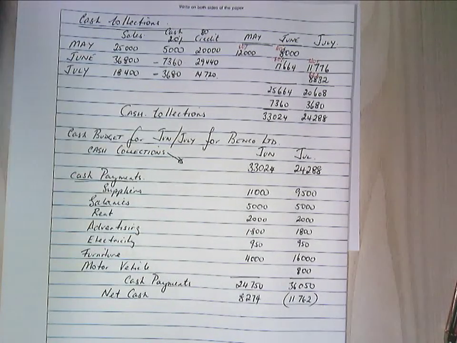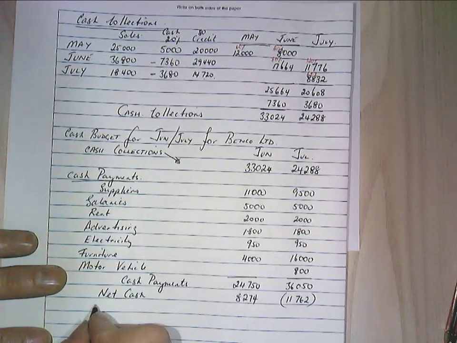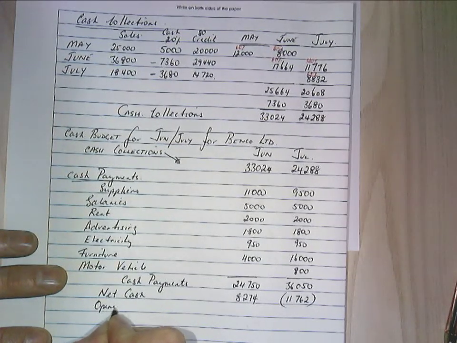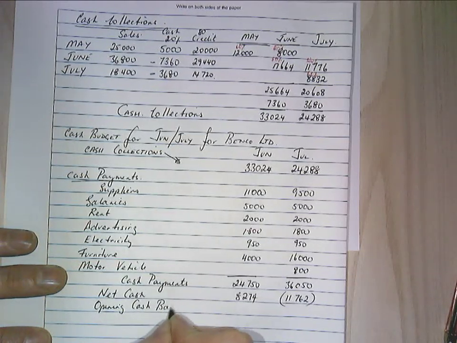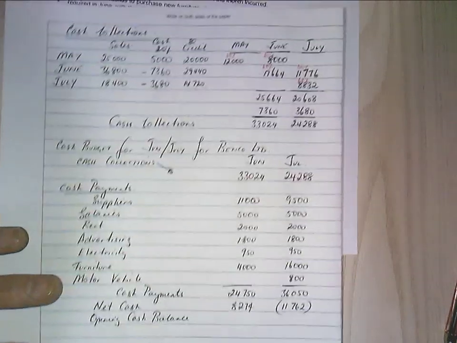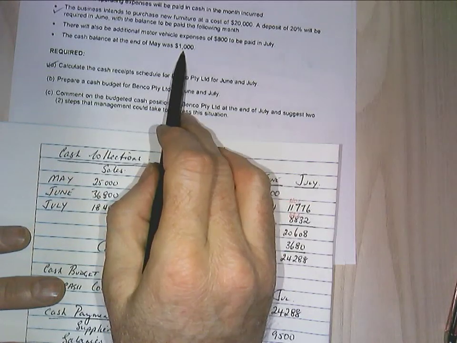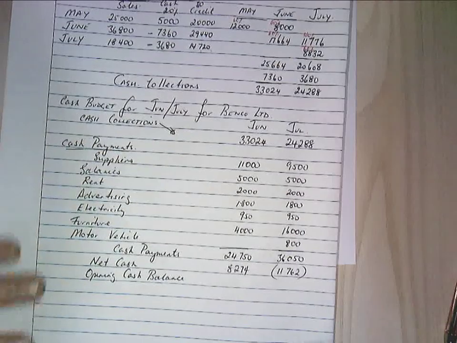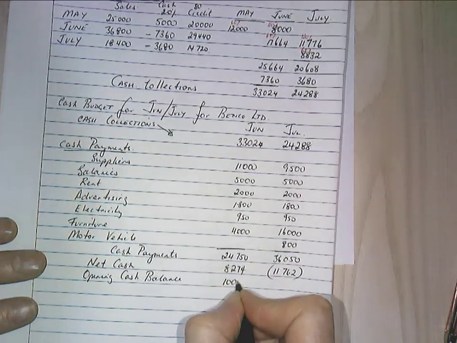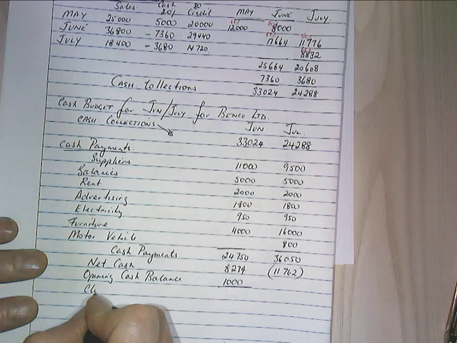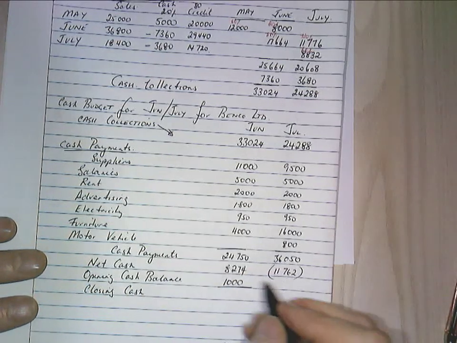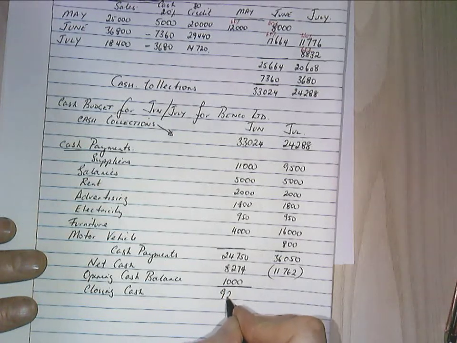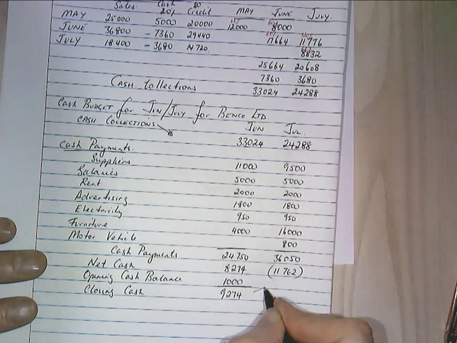So let's see what happens next. I need my opening cash balance. So my opening cash balance, at the end of May, it was $1,000. So it's 1,000, which makes my closing cash 9,274, and this one goes up to there.